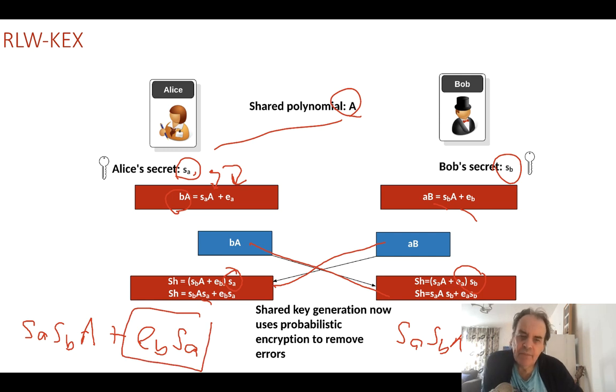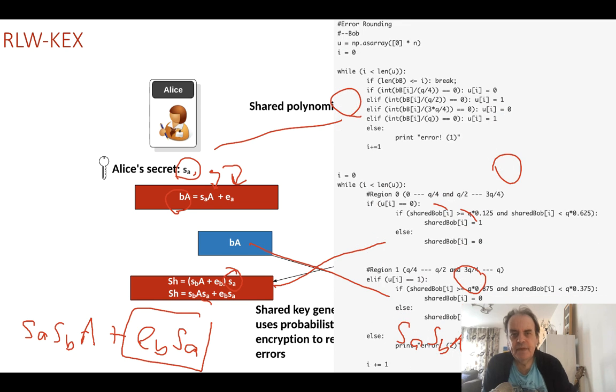We then look at probabilistic encryption to be able to resolve that error back to what it should be. So I'll show you the example here. Here's the code that we use for the probabilistic part of this.